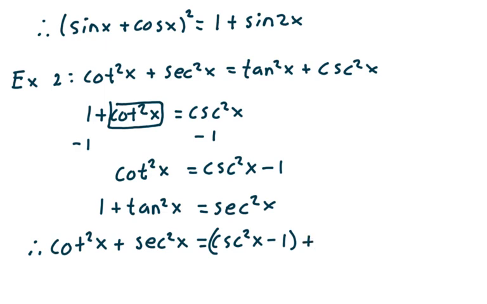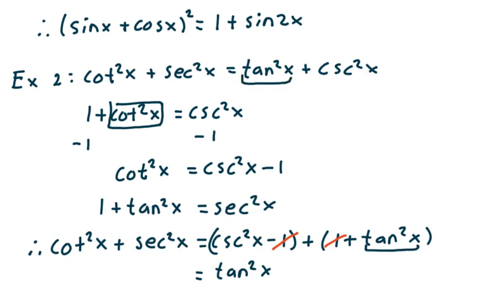Then I'm going to go plus, and replace secant squared x with 1 plus tangent squared x. Now, notice the minus 1 cancels out the plus 1, because negative 1 plus 1 is 0. And what we have is tangent squared x. So I'm just going to write this term first because that's what's on the right-hand side here. And then I go plus cosecant squared x.